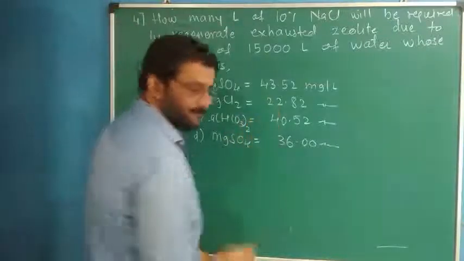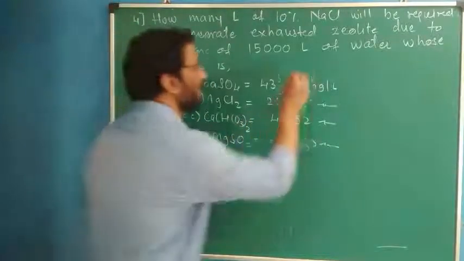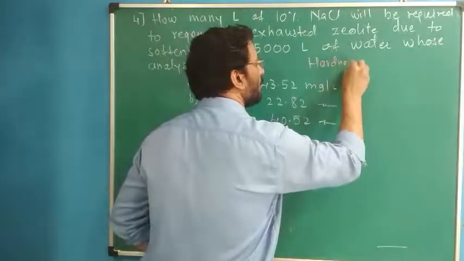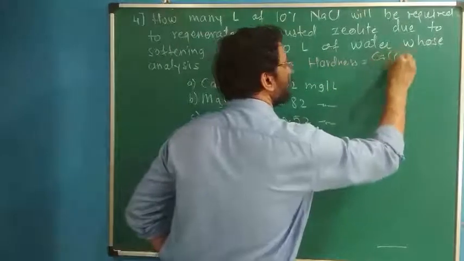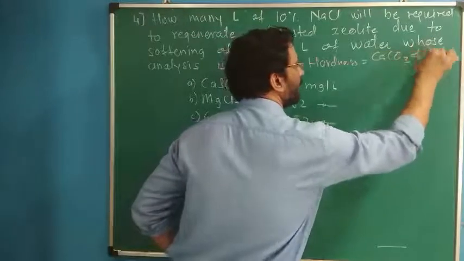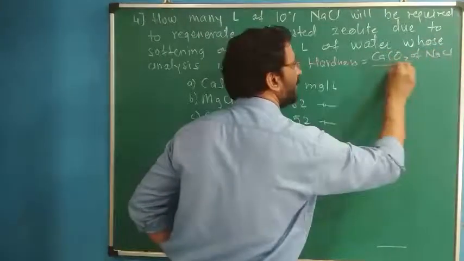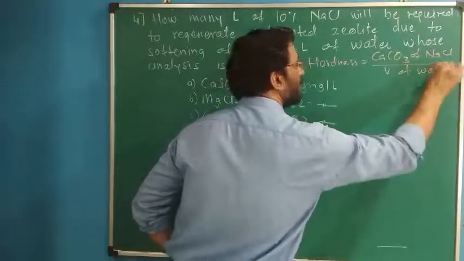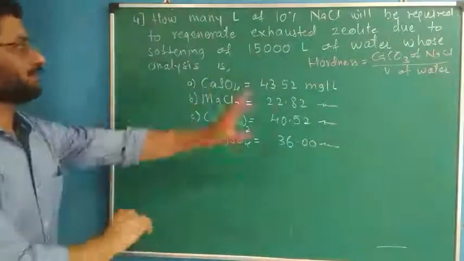See, this is our formula, the formula of estimating hardness, which is equal to CaCO3 equivalent of NaCl divided by volume of water. You need these three terms.